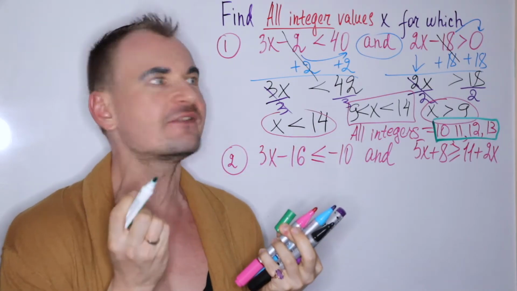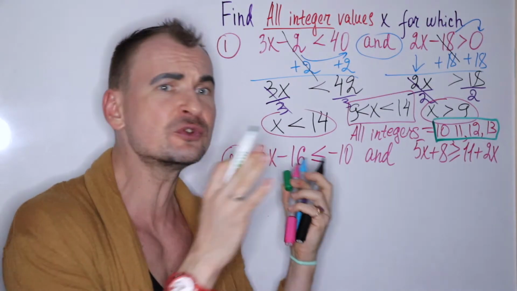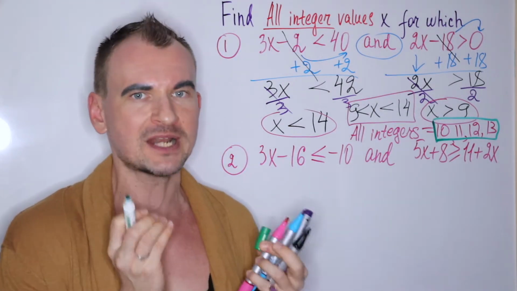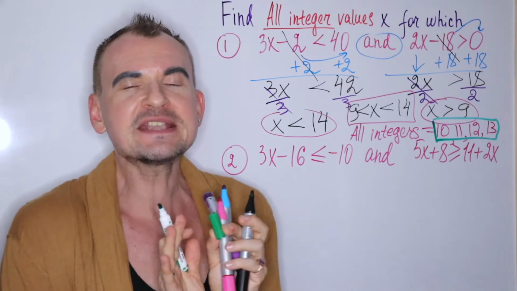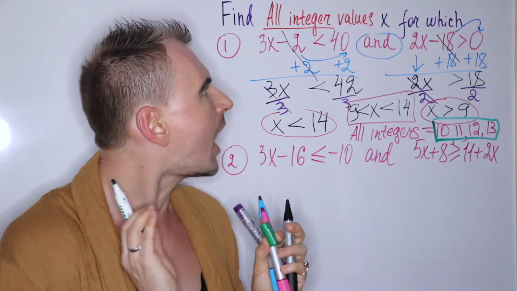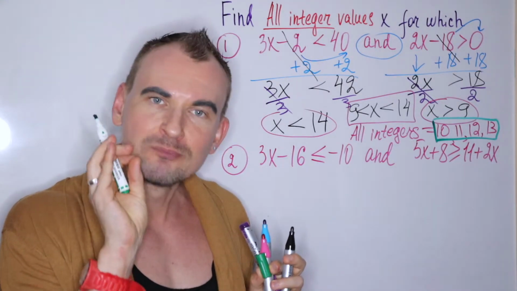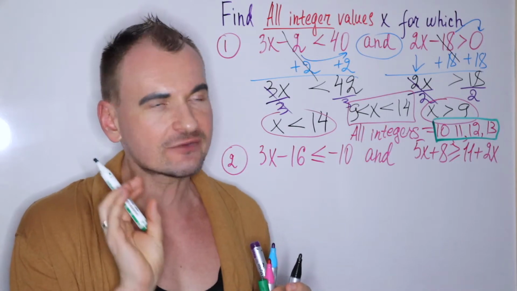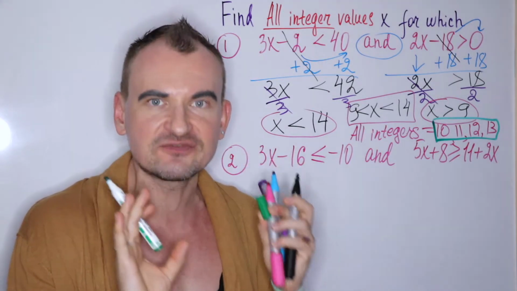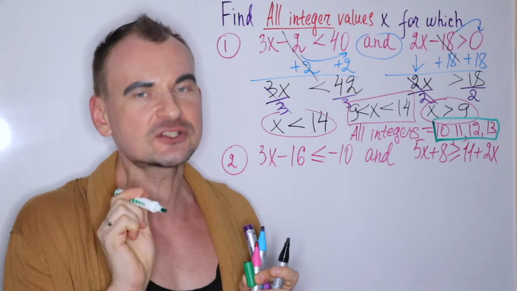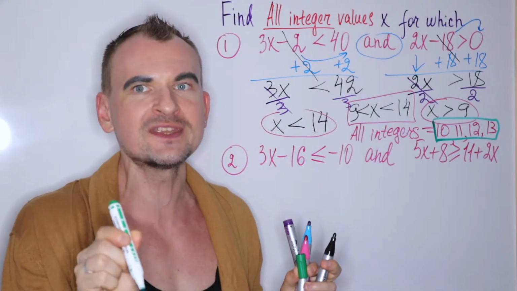I also have a similar video on how to find the smallest integer value for x that satisfies a linear inequality, and the link will be down below in the description box.